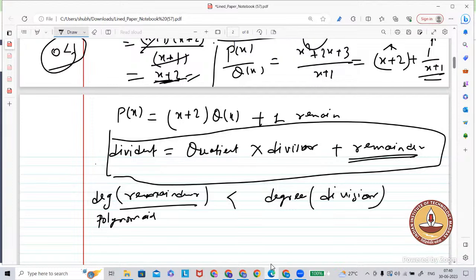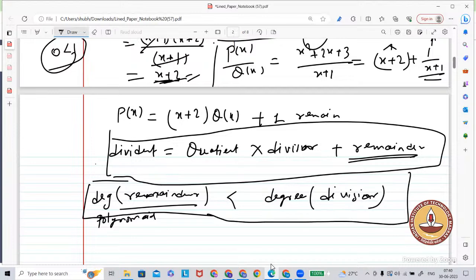This is one piece of information we have. Not even the equal to sign will happen.